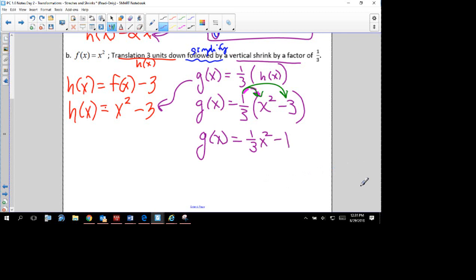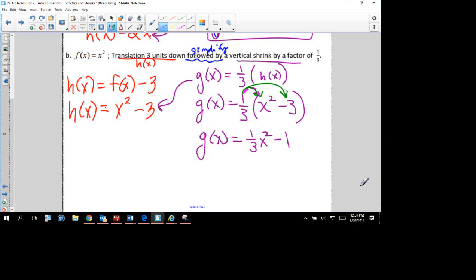Question: didn't you want the 3 units down? I did 3 units down. Yeah, but for the g of x equals 1/3, it's in parentheses. I'll draw a picture, I'll try to visualize this for you.